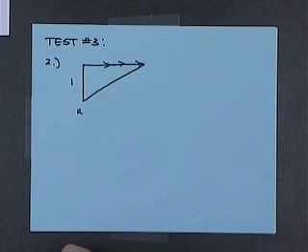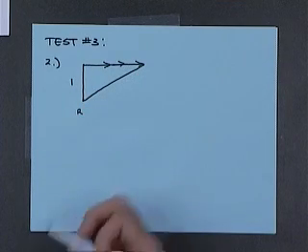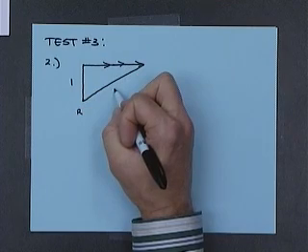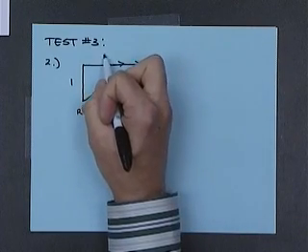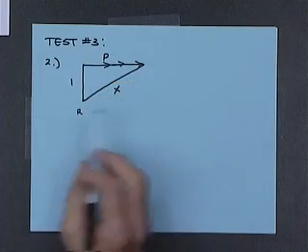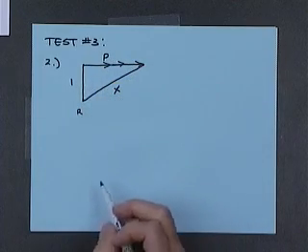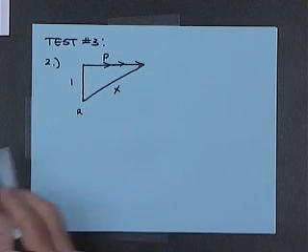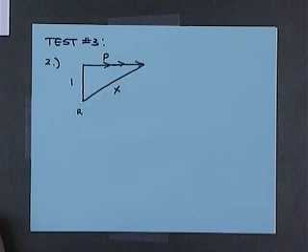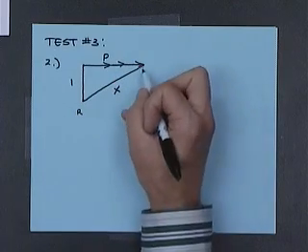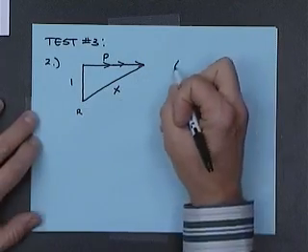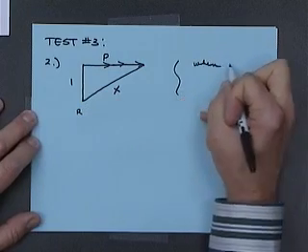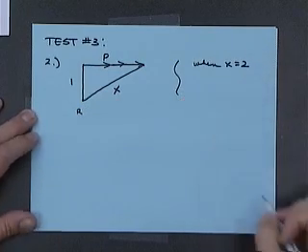Find the rate at which the distance from the plane to the station, that would be this distance, changes, when the plane is 2 miles away from the station. So here's the plane, here's the radar station, so it's when x equals 2.